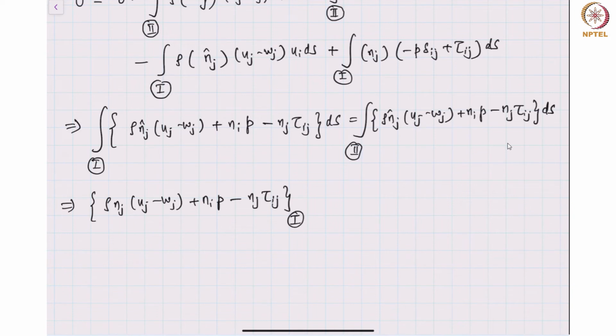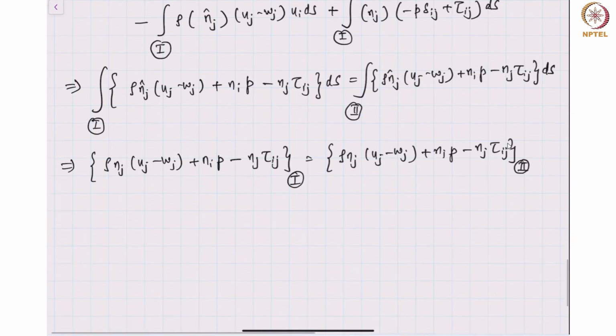This quantity will be equal to the same over region 2. Right? Now, if you notice, this is the vector equation.